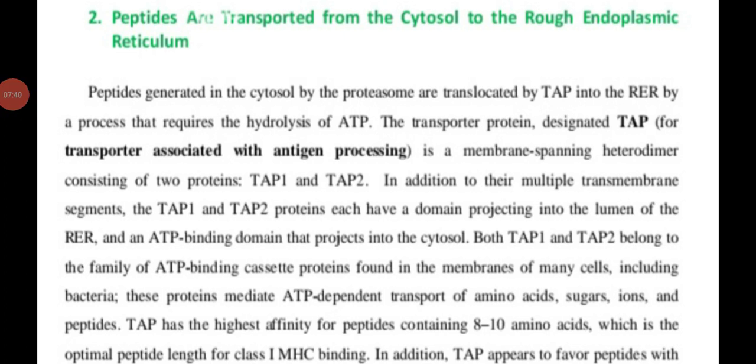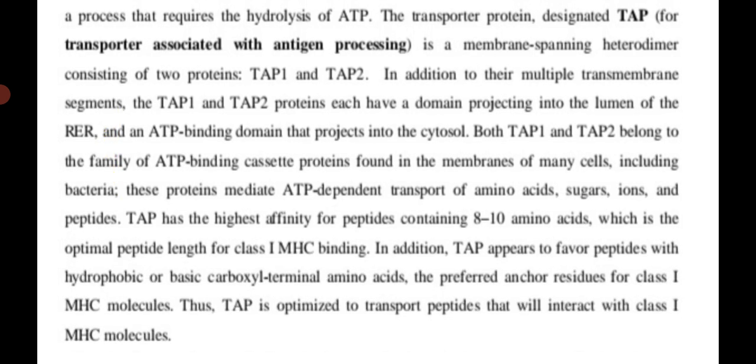Both TAP1 and TAP2 belong to the family of ATP binding cassette proteins found in the membranes of many cells, including bacteria. This protein mediates ATP dependent transport of amino acids, sugars, ions, and peptides. TAP has the highest affinity for a peptide made up of 8 to 10 amino acids. And we know that for binding on a class I molecule, there is a need for a peptide of 8 to 10 amino acids.